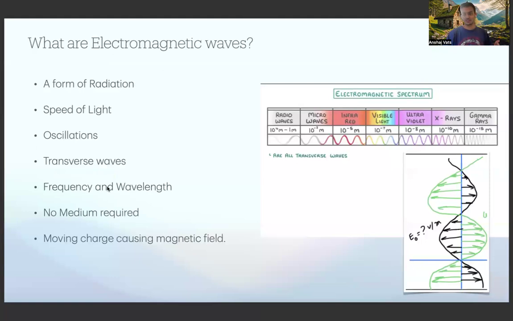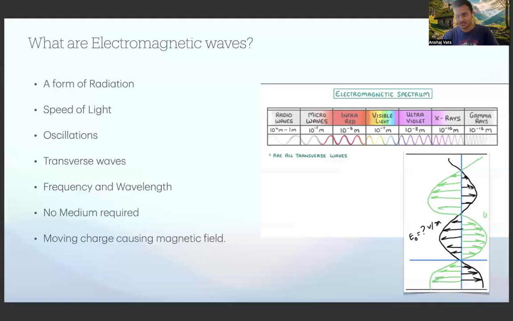Now, what are electromagnetic waves? So, if you take a charge and start moving it, what happens is that it will have some magnetic field around it.